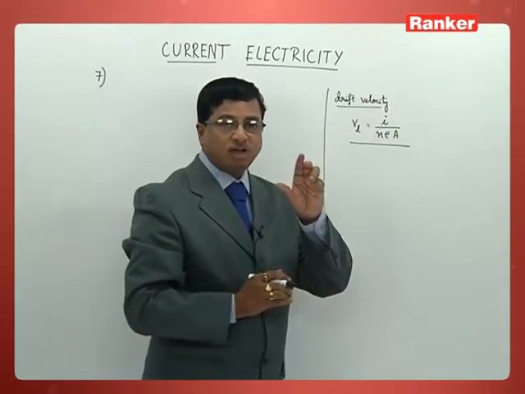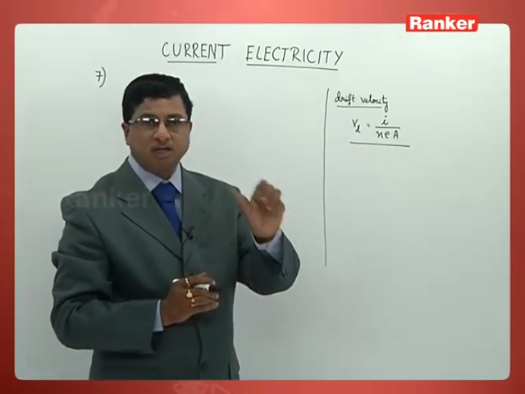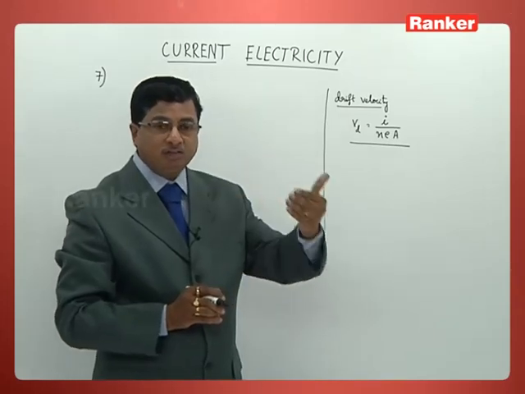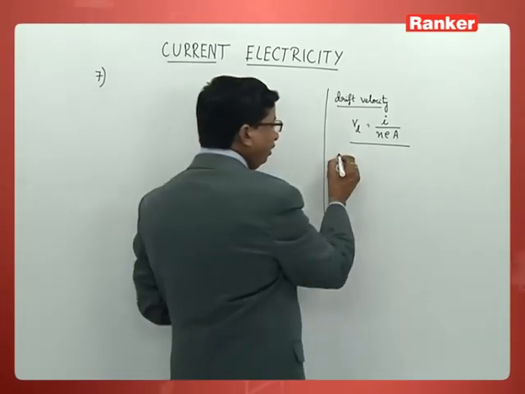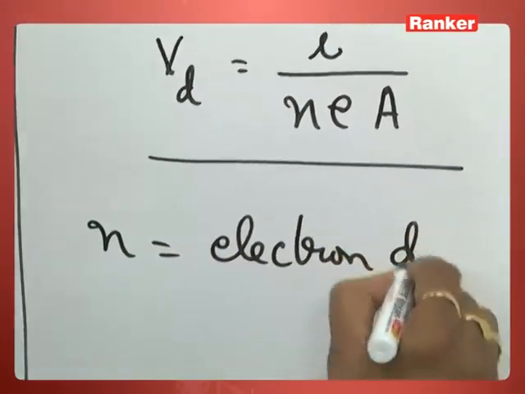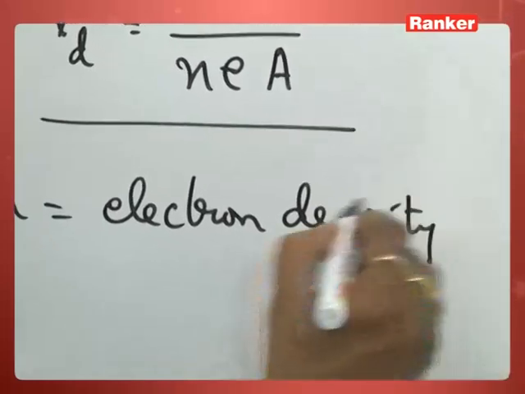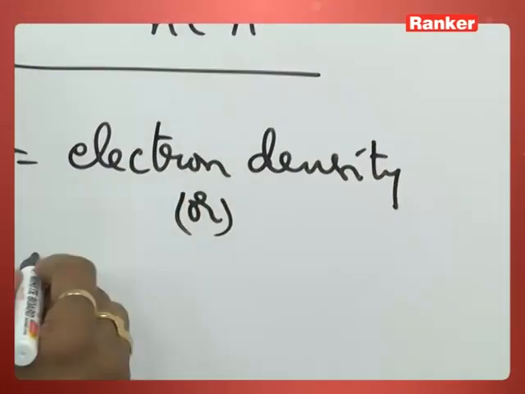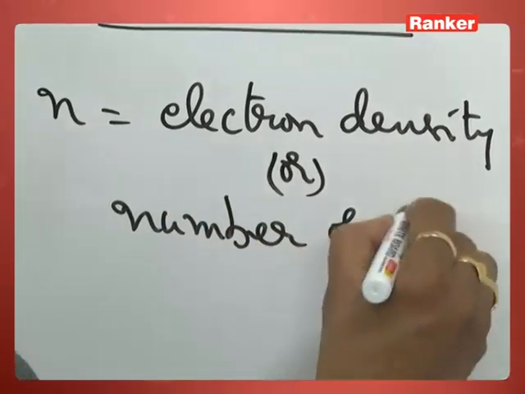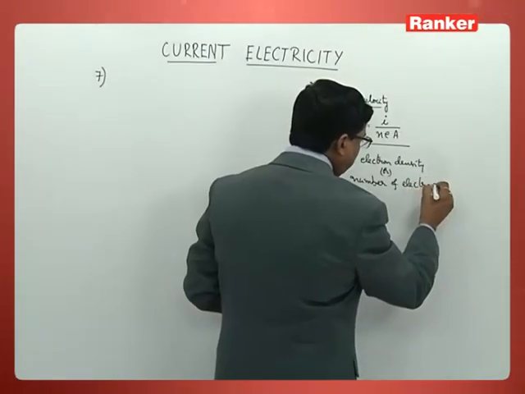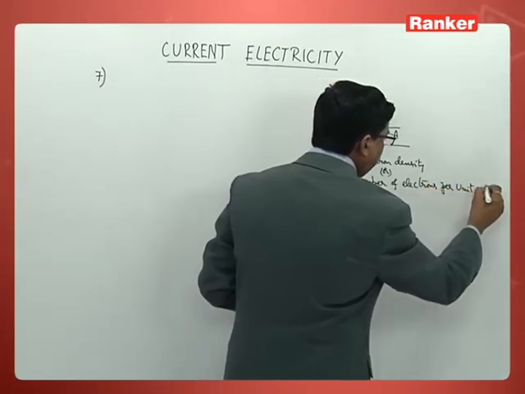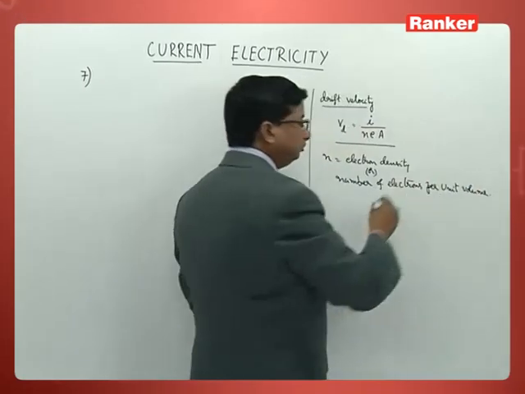I stands for the current that is passing through the conductor. N is electron density. What is this wording? Electron density is nothing other than the number of electrons per unit volume of the conductor.